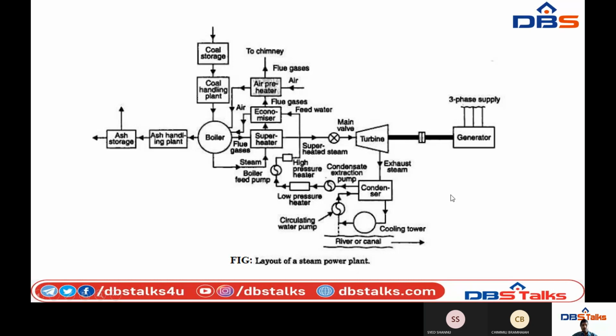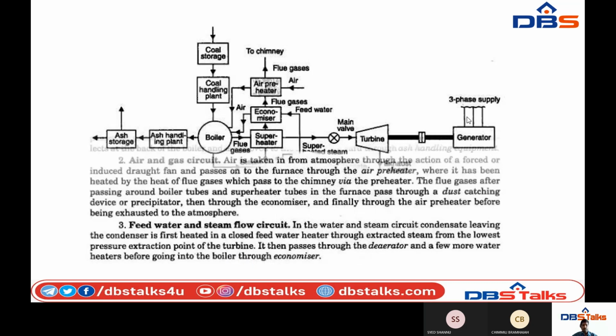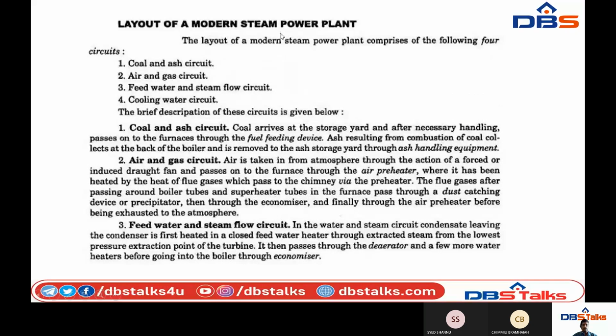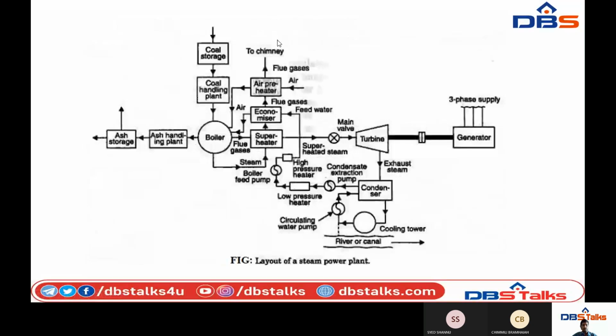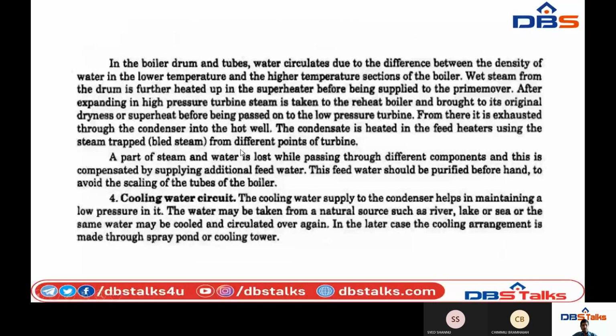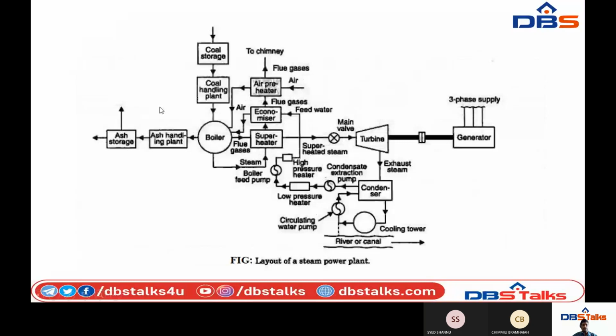Finally, the mechanical energy is converted into electrical energy by means of the generator, and using the generator, finally it is supplied to the three-phase supply. These are the layouts of a modern steam power plant. This is the theory about the cooling water circuit and feed water and steam flow circuit. It is completed in the figure explanation.